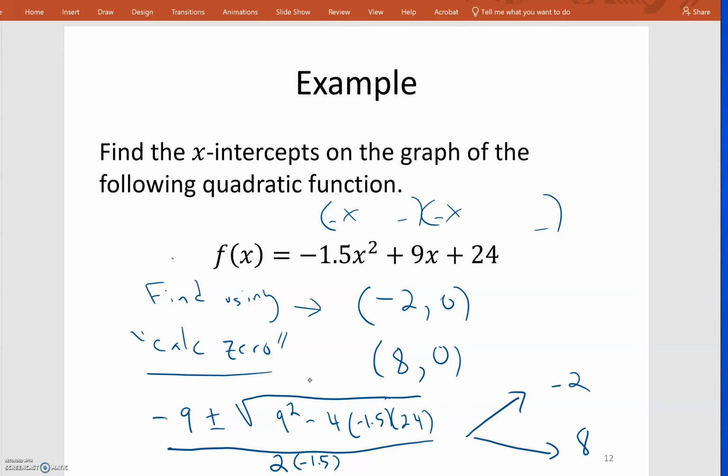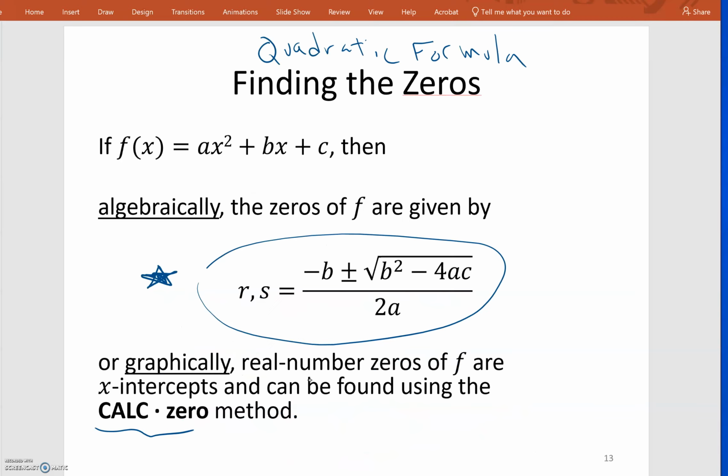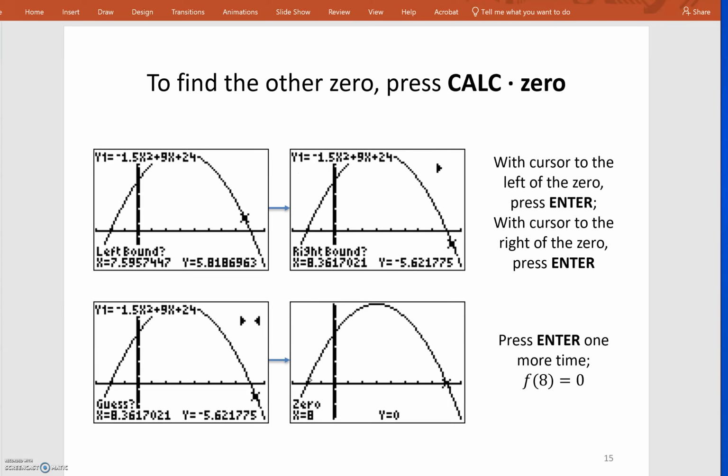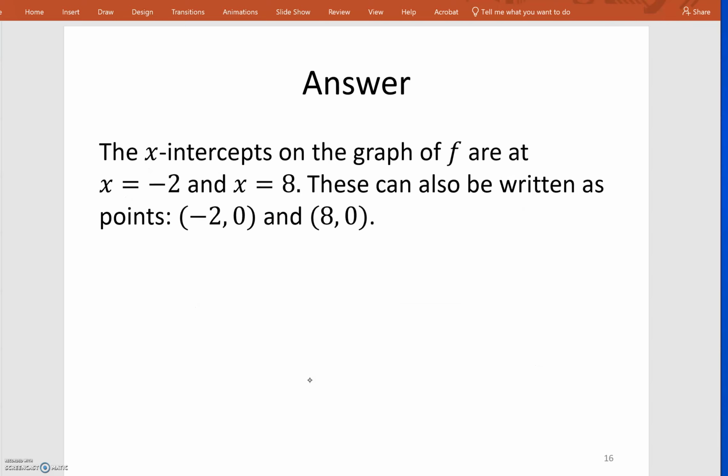I'm not going to go into that in too much detail at the moment. I'm just mentioning that I haven't forgotten about factoring for those of you that know how to do that. Okay, so we've already found our zeros here, so we can skip this. But if you want more in-depth directions, go back to this slide and take a look at them.